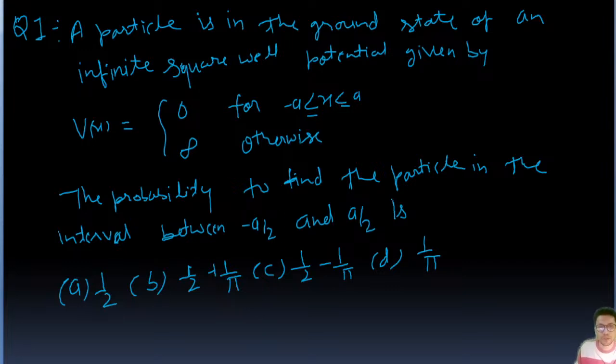Okay, so here we can see the potential is symmetric. Because it's a symmetric potential like this, from minus a to a, and this is 0.